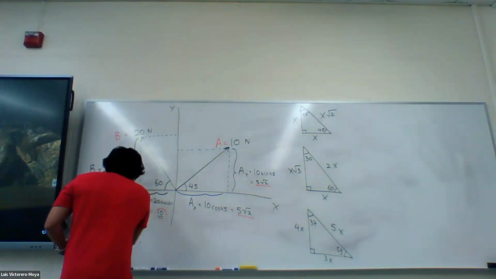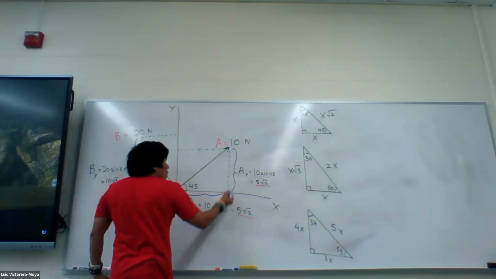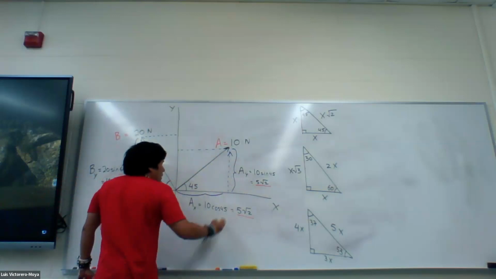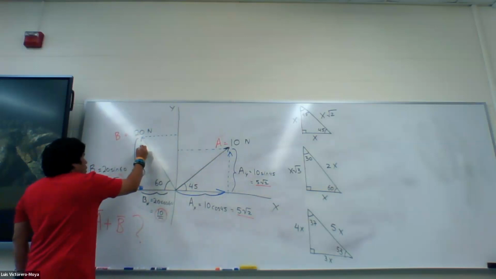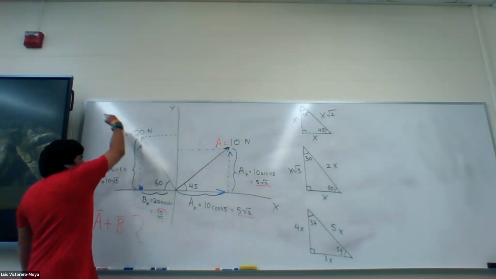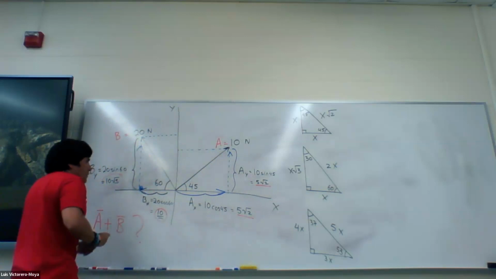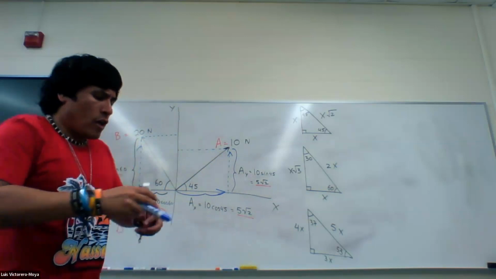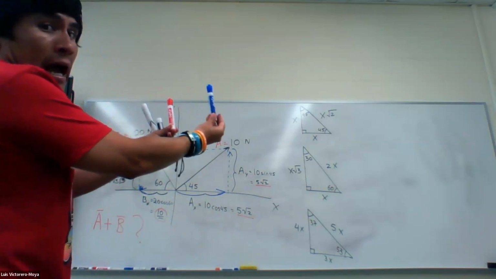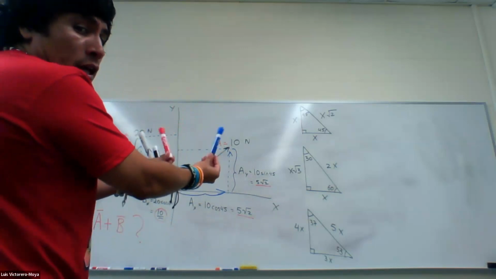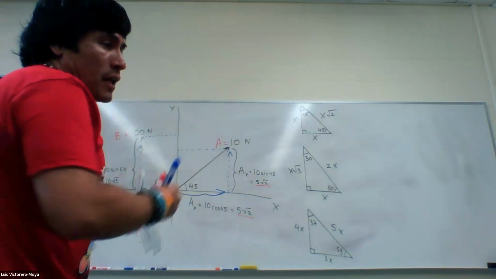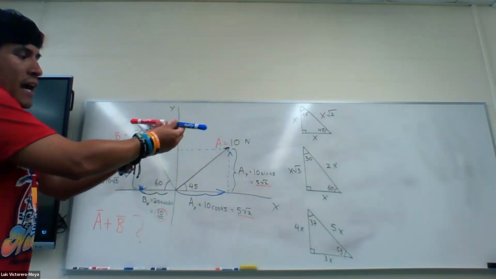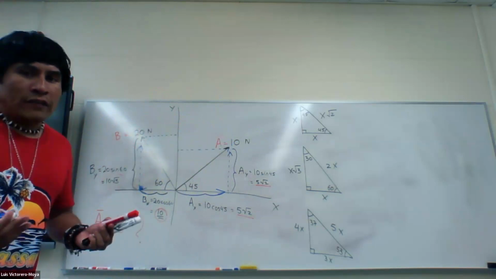So you can say that this component is to the north, this is to the east and north, this is also going north, but this one, because the vector is going like this, is going west. So you have two components that are going up, and two components, one to the east, the other one to the west. So the ones that are in opposite directions, you have to subtract.